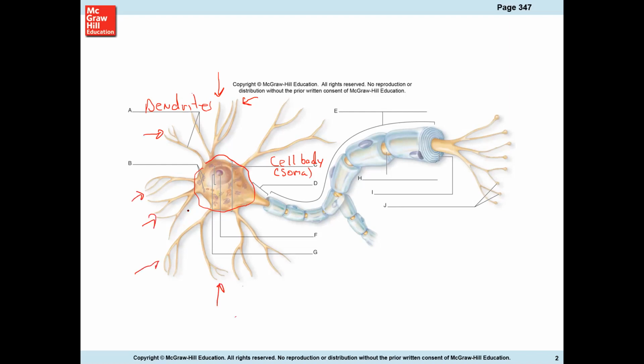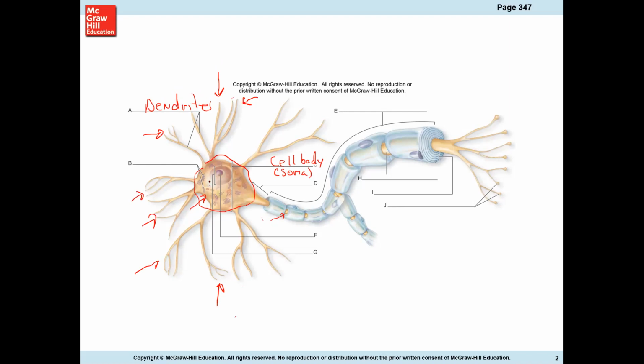You could also have information coming to the soma, and you could have information coming to the axon too. But typically synapses, and you know what synapses are, the gap connection between two neurons or between a neuron and a muscle or a gland, most synapses are axodendritic. You know what that means, right? Dendrites are usually incoming information.